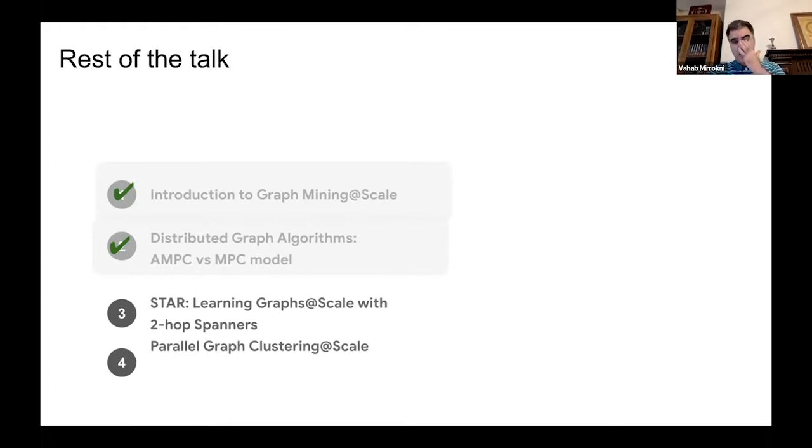Now I want to tell you about some recent developments in building these large graphs, which is an important part of the library. So first of all, what do we mean by building a graph learning problem?